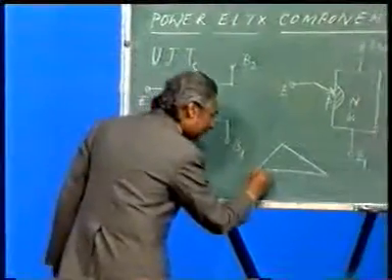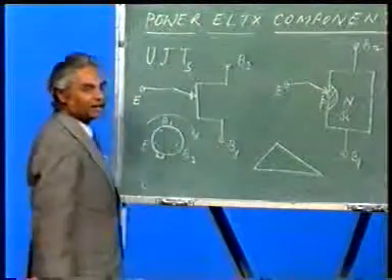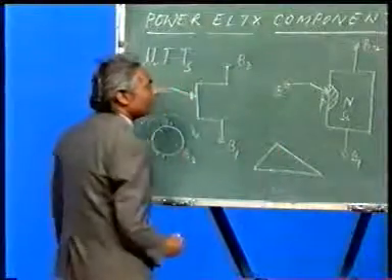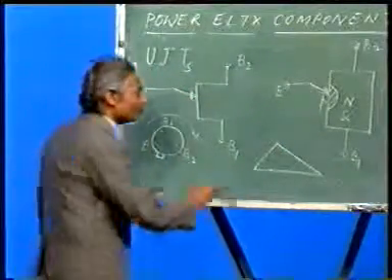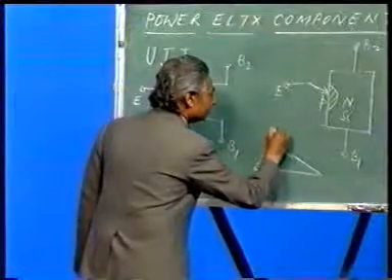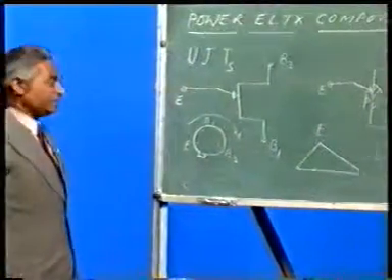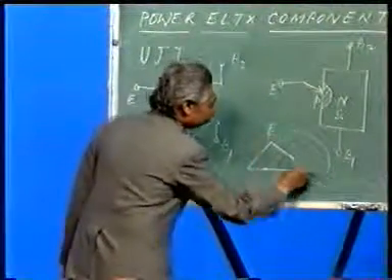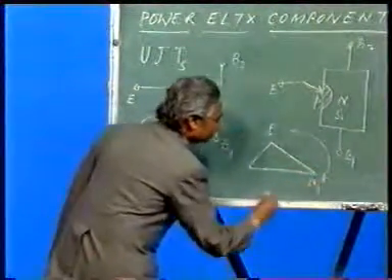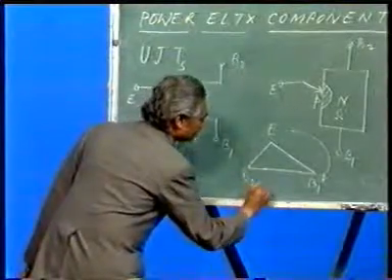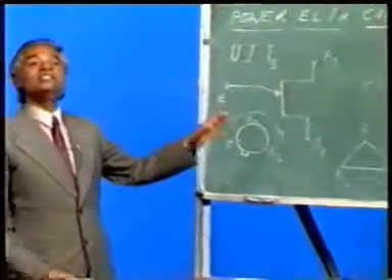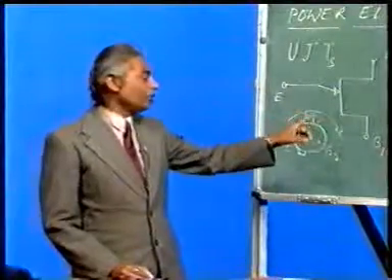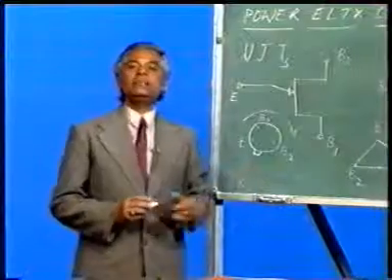So if I keep that as the base of the triangle, I will say that is the base, and the opposite point will give you apex of the triangle, which is always emitter. Now you count it clockwise, next to emitter will be base 1 and the next one will be base 2. So this is another physical method of finding out which one is emitter, which one is base 1 and which one is base 2.